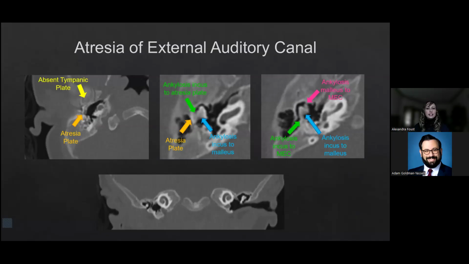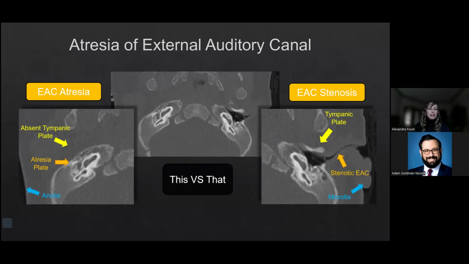And when you're trying to differentiate between external auditory canal stenosis and atresia, that bony tympanic plate we talked about is going to be an important landmark structure. This is actually a patient who has bilateral congenital aural atresia, but they have full atresia on this right side and only stenosis on the left side. And what you can see, the difference, well, a few differences.